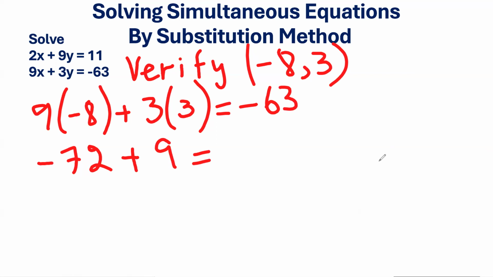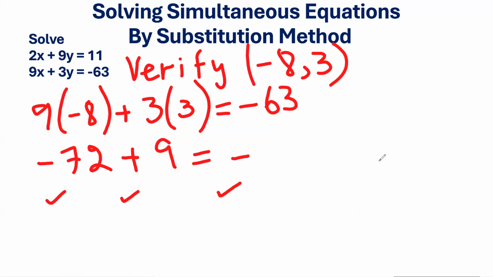Now you have to find the answer. Minus should come, because one integer is having minus sign, another integer is having plus sign. So you have to do subtraction, and 72 is the bigger integer. So minus, and 72 is having minus sign, so minus should come in the answer. These are called integer rules. 72 minus 9.